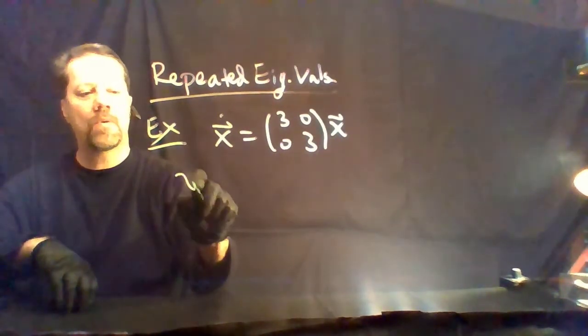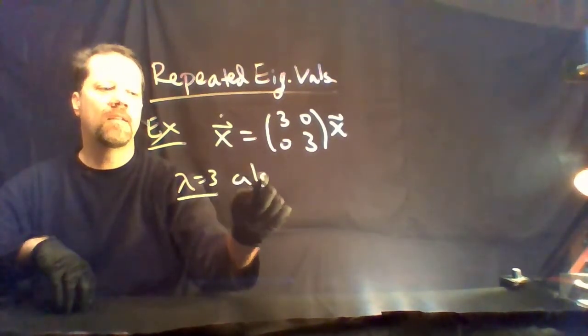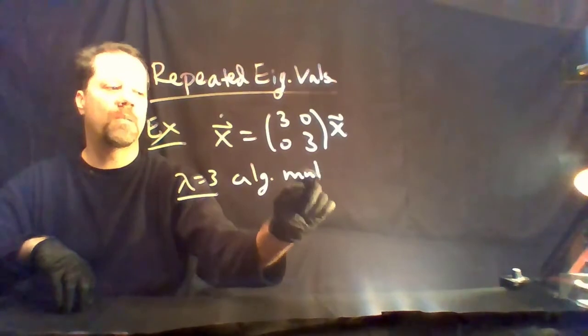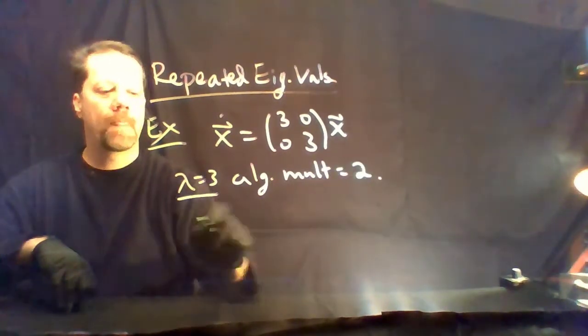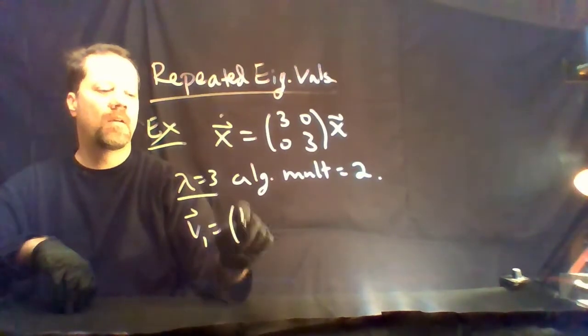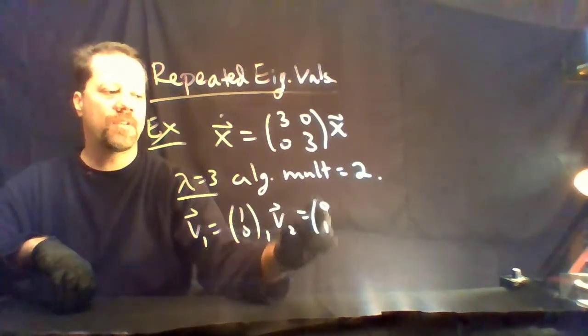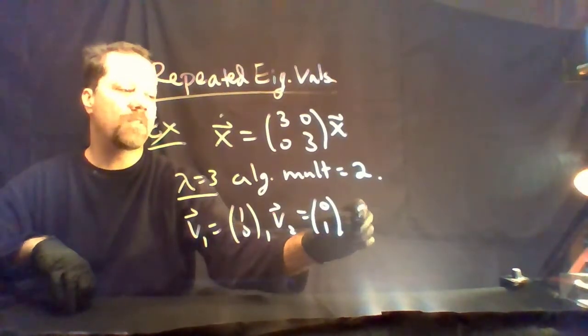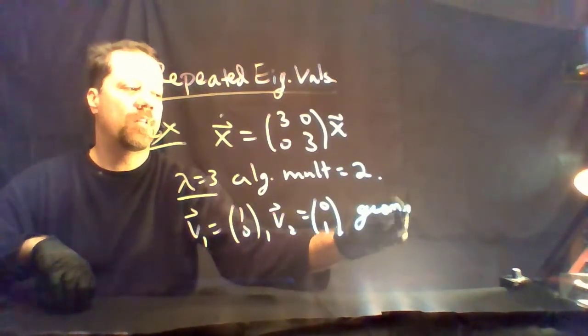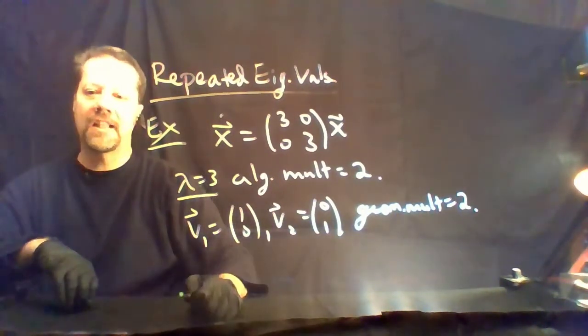As we've seen before, the eigenvalue is 3 with algebraic multiplicity equal to 2. The eigenvectors are (1, 0) and (0, 1), which means we have geometric multiplicity also equal to 2 linearly independent directions.